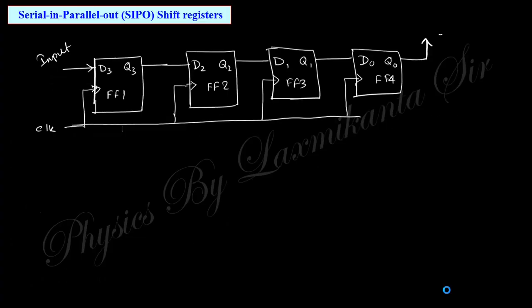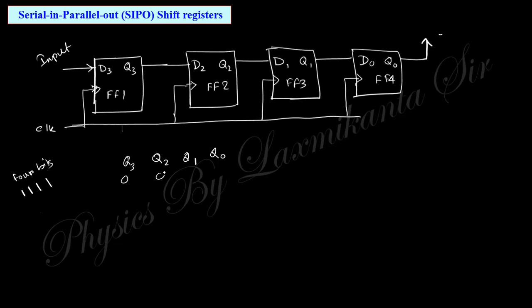Our example was taken 4 bit, that is 1 1 1 1. So first one, so this is Q3, Q2, Q1, Q0.